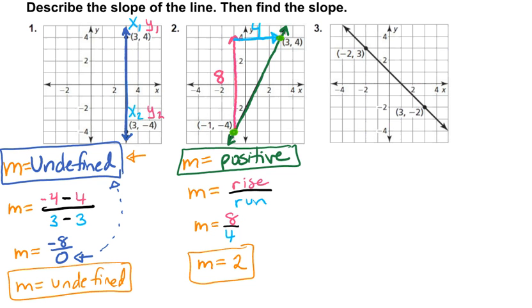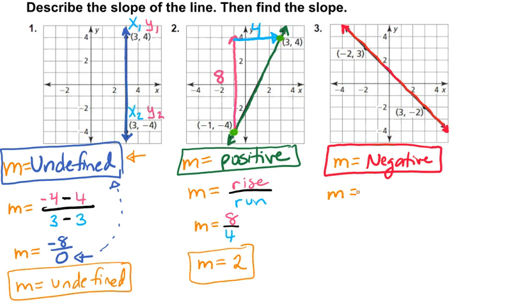Let's take a look at our third example. Here, when we look at our line, we see we have a straight line, and as x gets bigger, our y is going down. So that tells us that our slope value is negative. So we have a negative type of slope, and now we can calculate it.